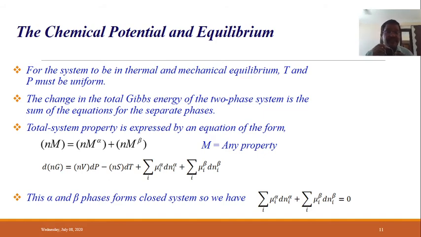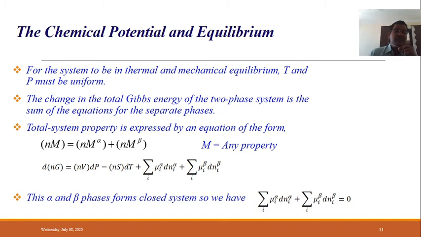So it is represented here. Here, the total system property is expressed by an equation in the form of NM is equal to NM alpha plus NM beta. So M is any property. This is applicable for every property. Remember one more thing: you can replace M with different thermodynamic properties that we have studied.